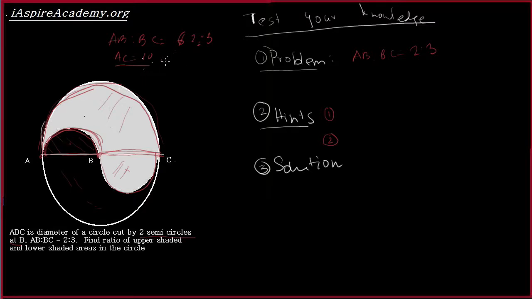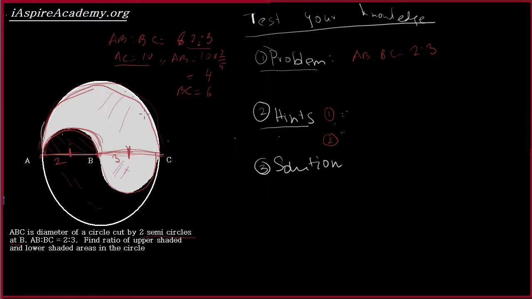So if AC is 10, then AB is 10 times 2/5, which equals 4. This is just simple ratio calculation. And BC is equal to 6. So that means the radius of the smaller semicircle is 2, and the radius of the bigger semicircle is 3.